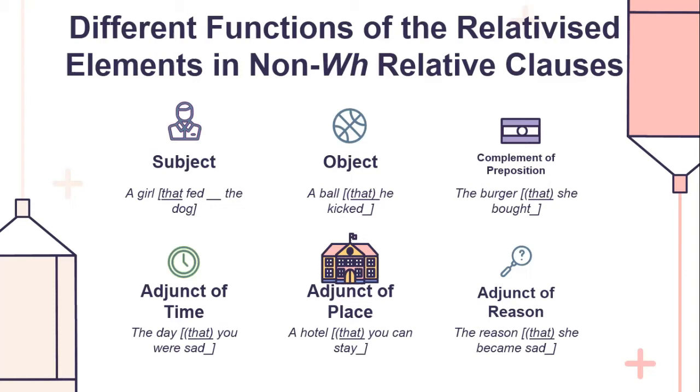It indicates that "that" here is not obligatory, so you can omit the pronoun "that." So it could be "a ball he kicked," that is okay, and we are using the bare relatives, that is using no pronoun. Okay, next slide.